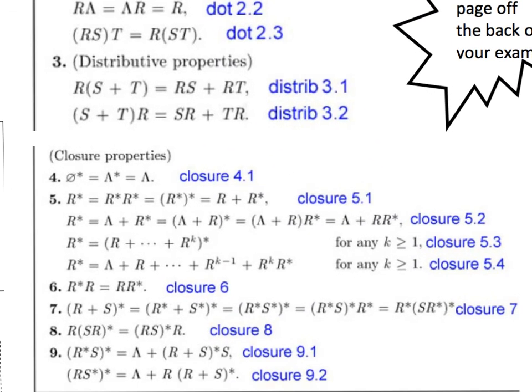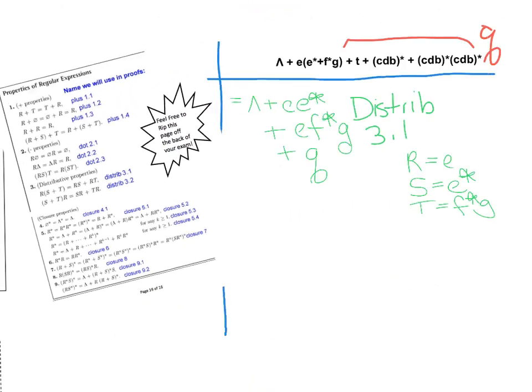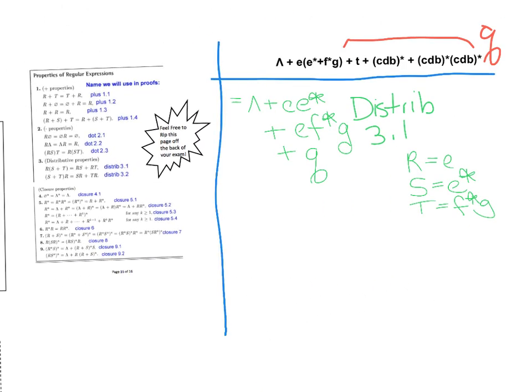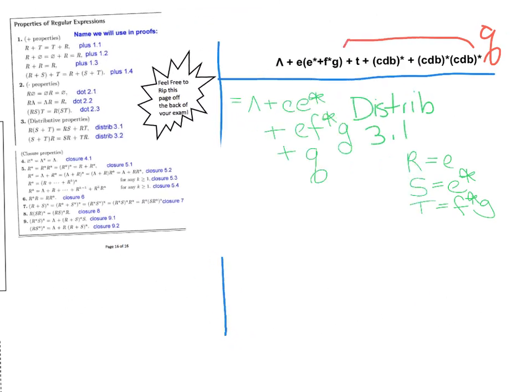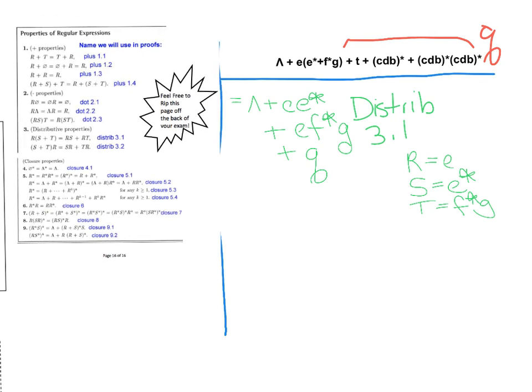They're the important ones. What I want is to find something where lambda plus RR star equals R star, because that's what I've got in here. I have a lambda plus RR star. You can see that right here, right? So if I let E be R, then I have lambda plus EE star.